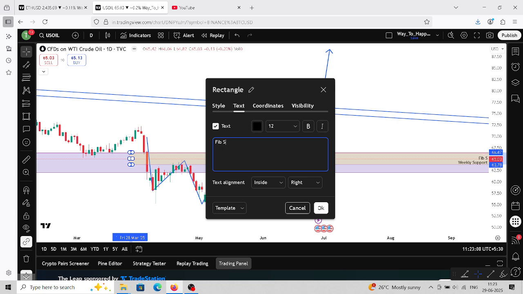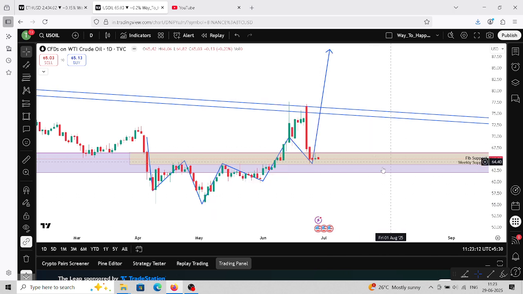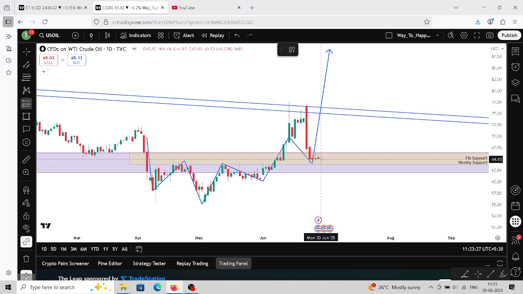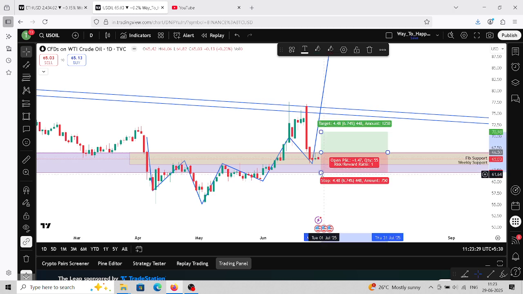So fib support. The fib support, weekly support, daily support, this has become very good support. So my candle, if you ask me, I am bullish on US oil now. So US oil should be going like this.